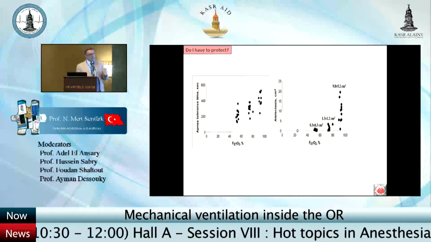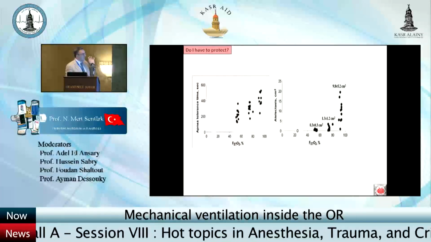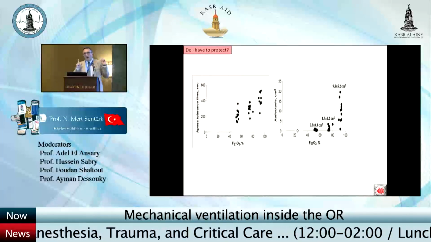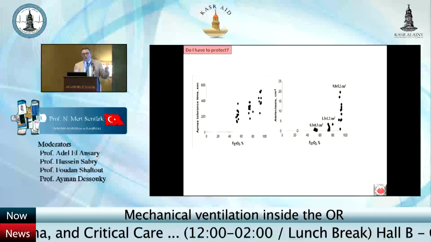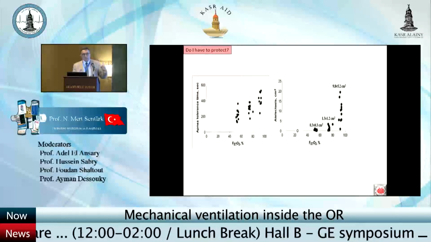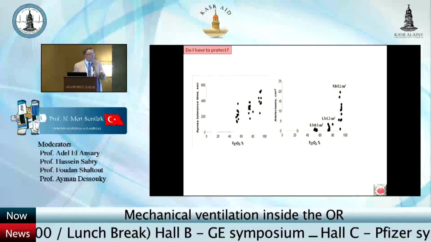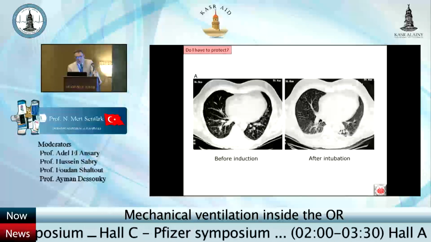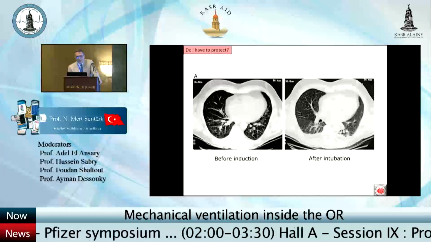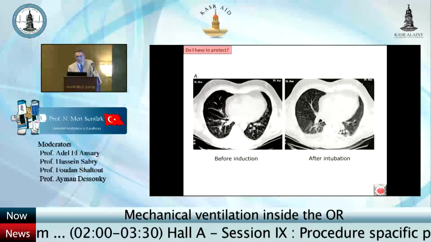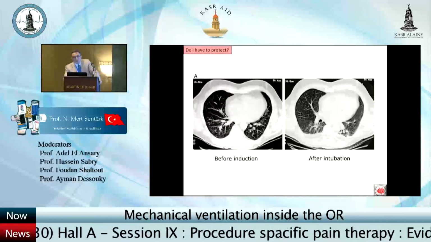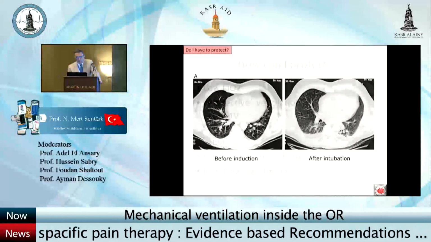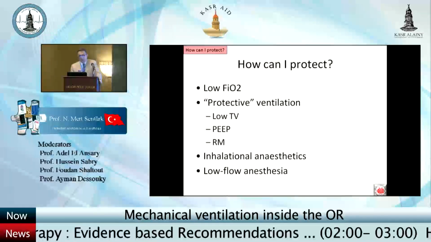A study from 1995, about 22 years old, showed that even with 100% oxygen during the pre-oxygenation period, within 2 minutes you can create a large area of atelectasis just after intubation. Even 2-3 minutes of 100% oxygen can create some atelectasis. So this was also wrong.